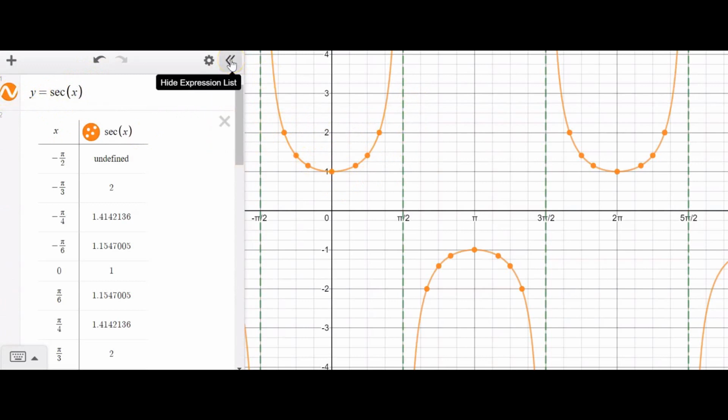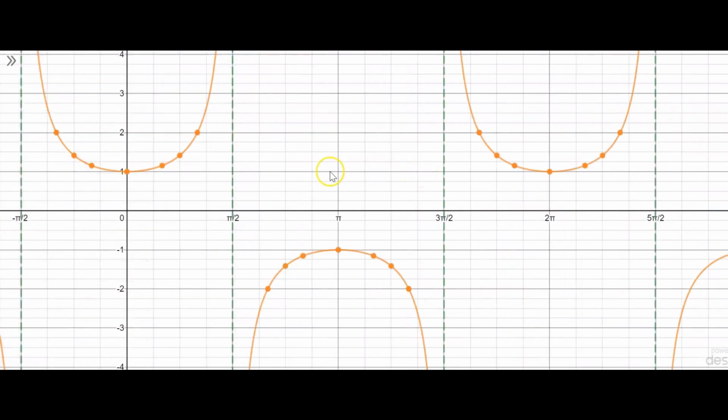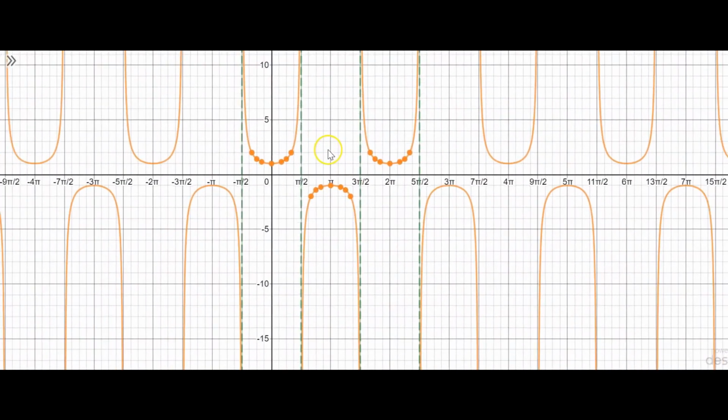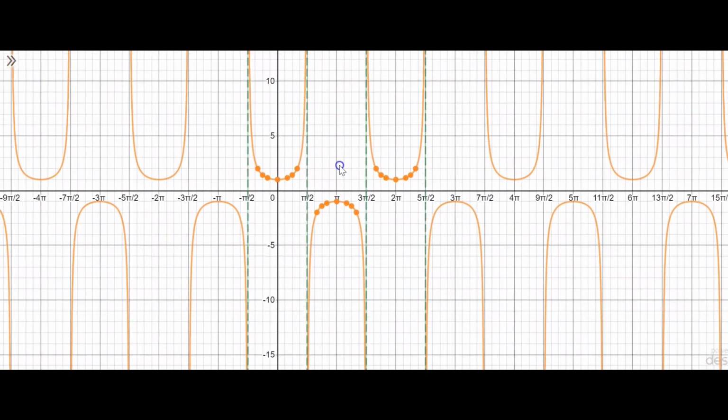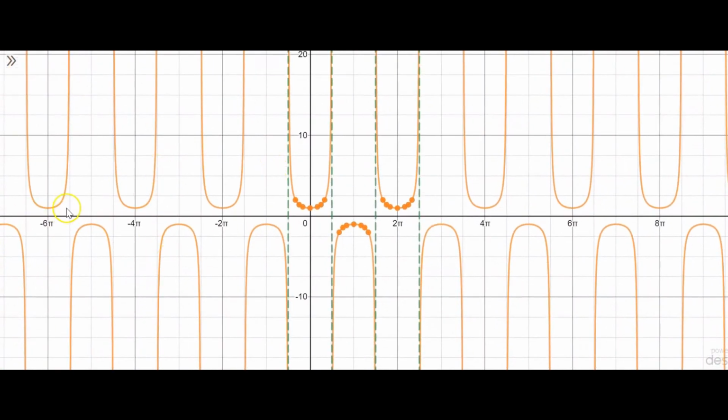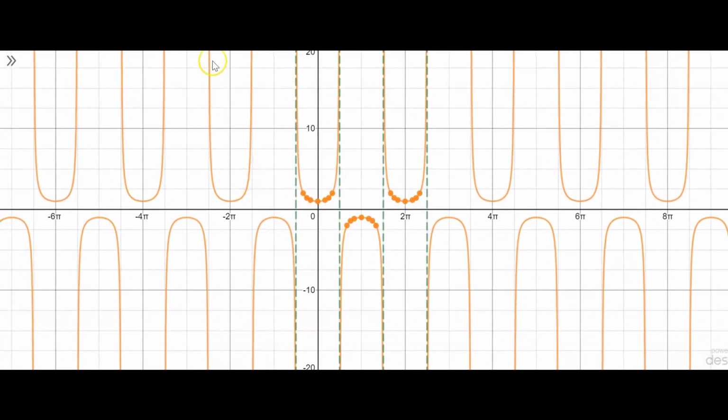And now I'm going to move this over and zoom out, and we can see, sure enough, here's our secant pattern over and over and over again. From negative infinity up to positive infinity, we have a top curve that turns around, and then a bottom curve that comes up and curves around.